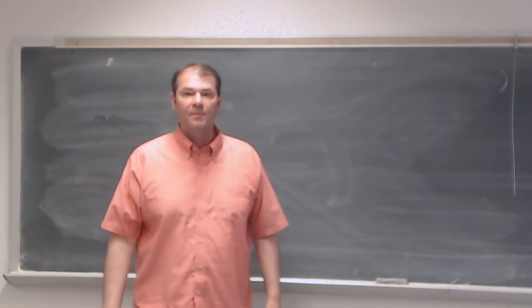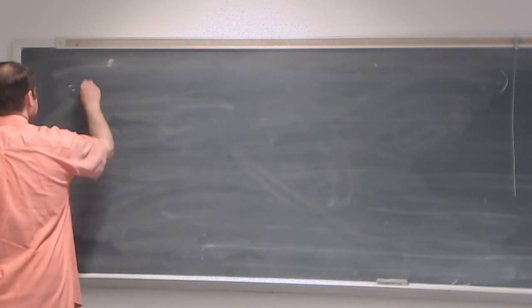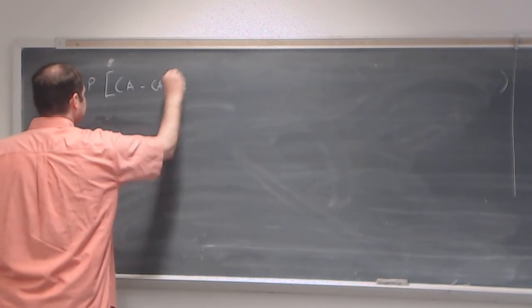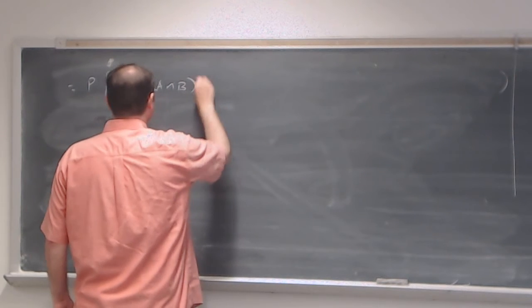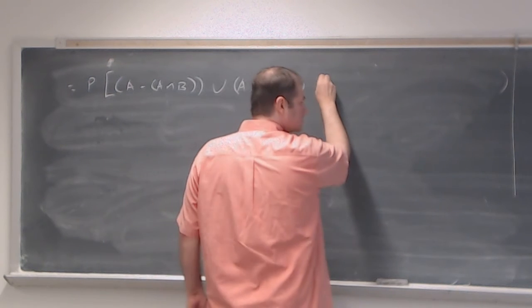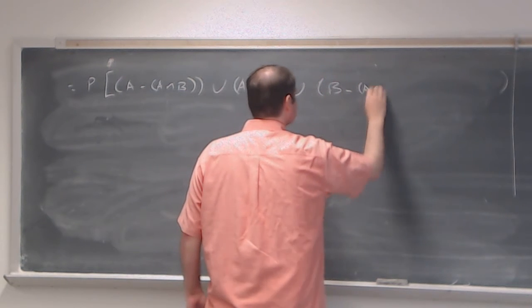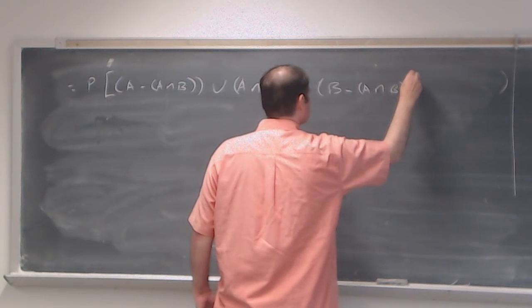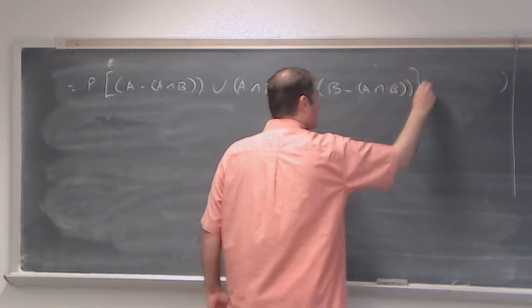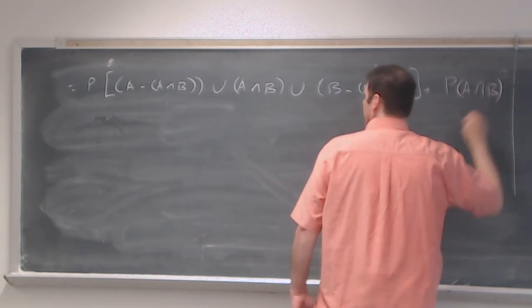I think it's clear. So this is equal to the probability of A minus A intersect B union A intersect B union B minus A intersect B. And then plus the probability of A intersect B. That's what this equals.